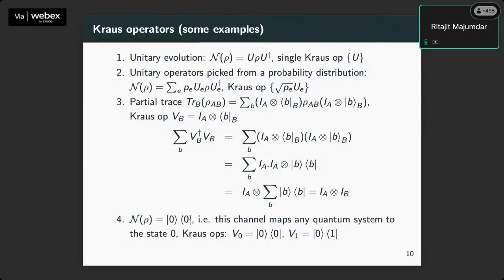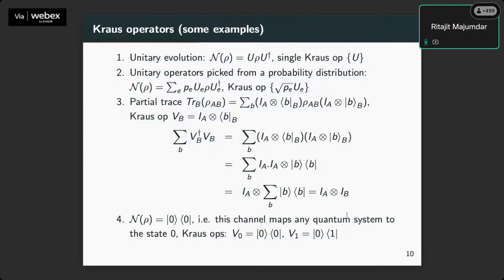How do I represent that? I take a qubit and I map it to zero. It is represented by these Kraus operators. If the qubit is in the state zero, it does nothing to it. If the qubit is in the state one, it maps it to zero. You can immediately see that this is not a unitary operation, because zero gets mapped to zero, one also gets mapped to zero. The reversibility criterion is not maintained. So you cannot have a unitary operator that shows how you prepare a state in zero. You need a Kraus operator representation for this.